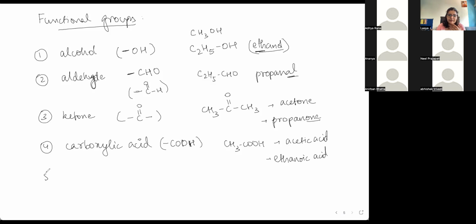Then you have haloalkanes. Haloalkanes is where you have a halogen atom. Usually the convention is X represents halogen. So you have CH3Cl, this is chloromethane.